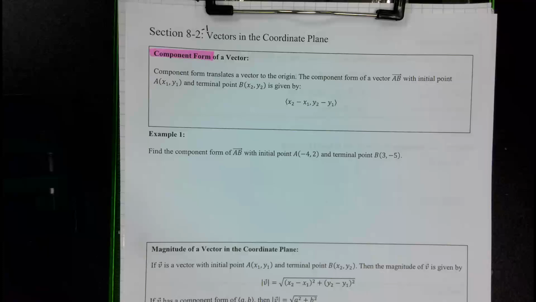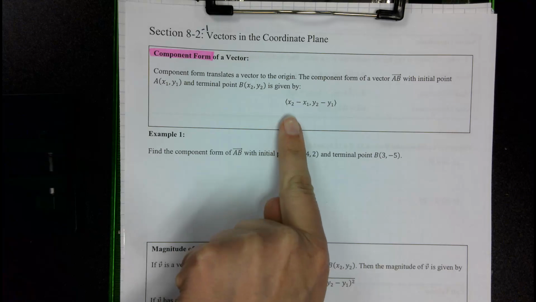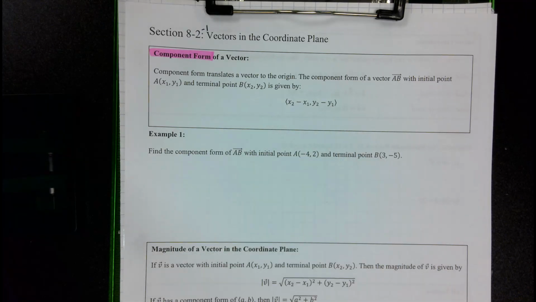When it's in component form, you will see these little vector component parentheses that are pointy on the edges. So component form translates a vector to the origin, and the component form of a vector AB, with initial point A and terminal point B, is given by here.